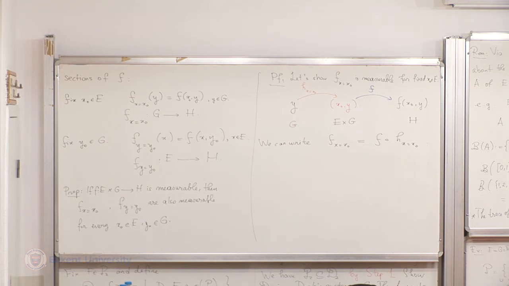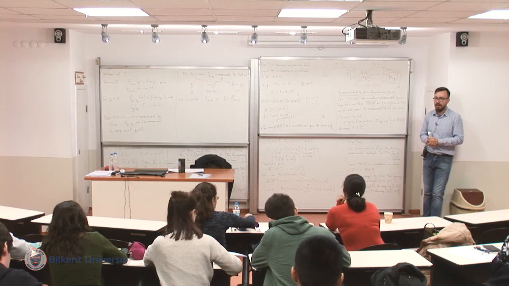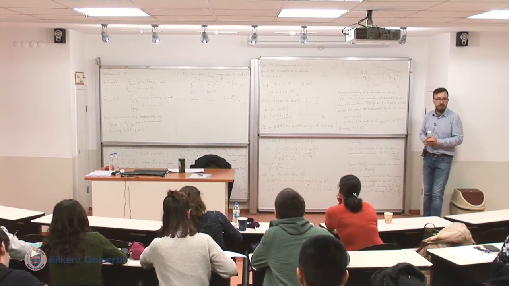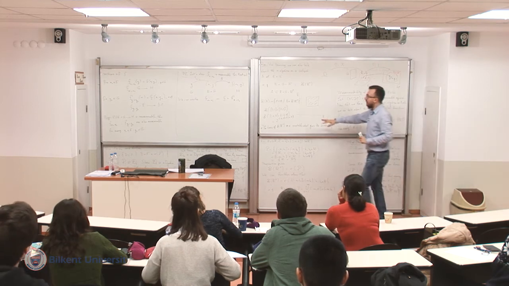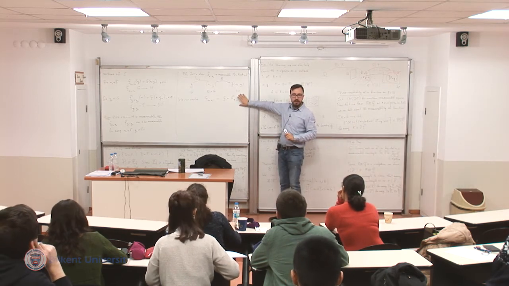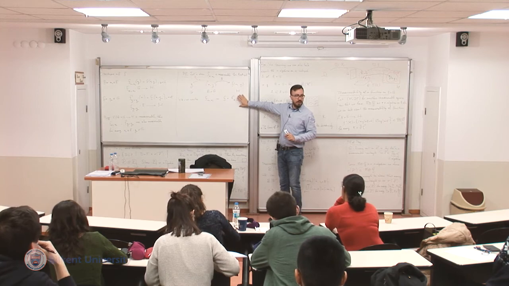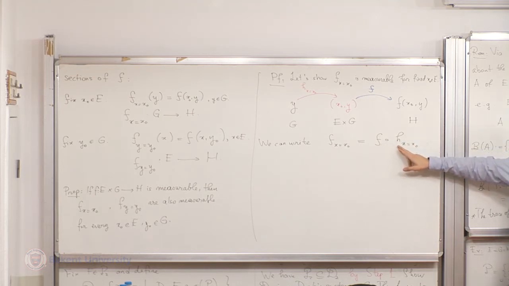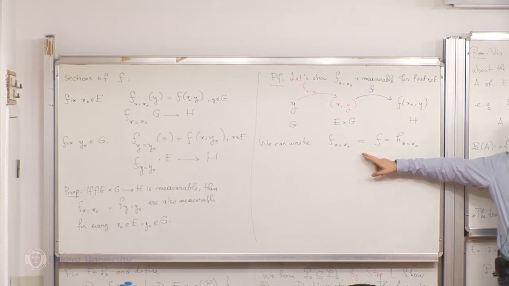What do I know about preservation of measurability? How can we conclude that f_{x=x0} is measurable, given this representation as a composition? Do you remember anything about the relationship between measurability and composition of functions? Yeah, what do you know? So if this is measurable and this is measurable, what can you say? Composition is also measurable.